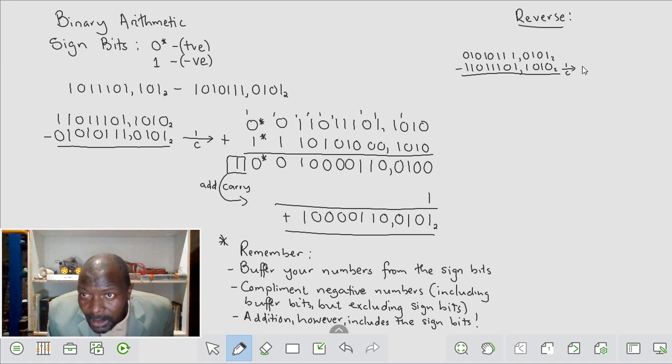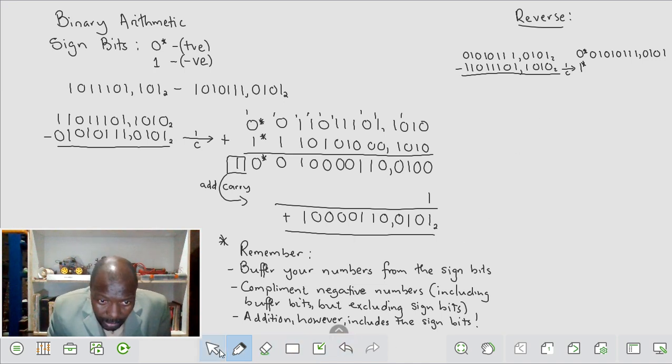I'll keep saying this is negative. The positive number stays as it is: 0, 1, 0, 1, 0, 3 ones, and then 0, 1, 0, 1. Okay, what did I do? I forgot to include my buffer. So I'll move this a little.